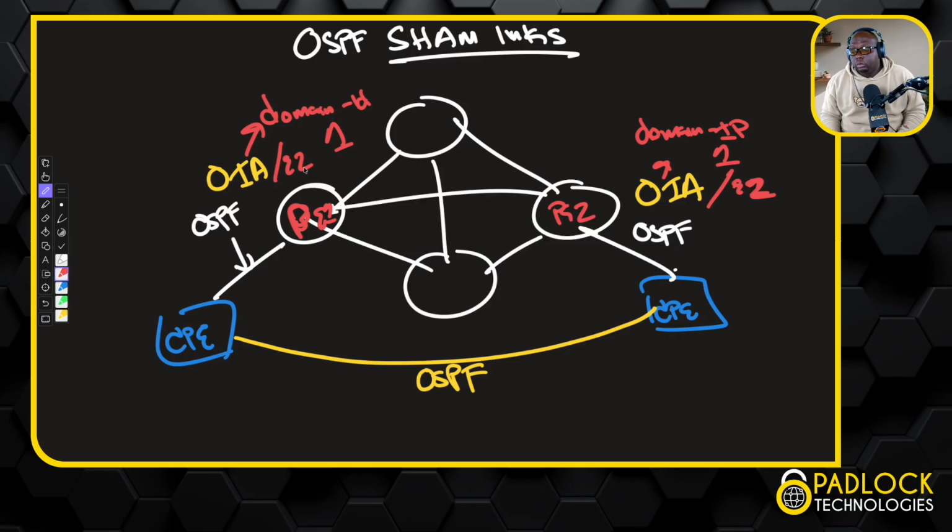So what would you use a sham link for? So let's say this link here you wanted to use as a backup, right? But you mainly wanted to use MPLS to get to this site for some reason, right? MPLS is expensive.